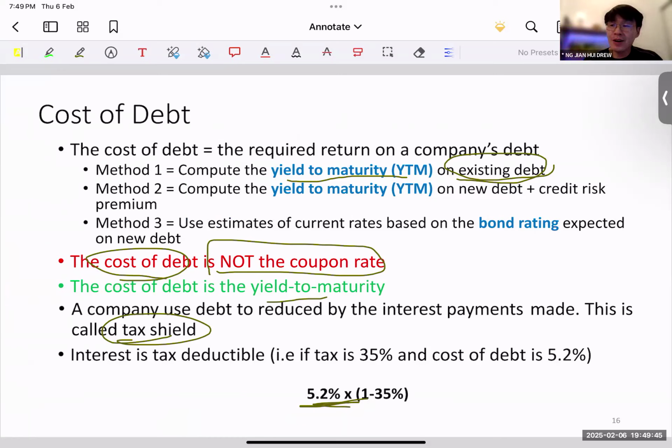Most of the time we do not hold bonds to maturity, and therefore there is some sensitivity in terms of your duration and your convexity if you don't hold bonds to maturity, and that will affect your yield. So yield to put, the yield to where you end your bond.